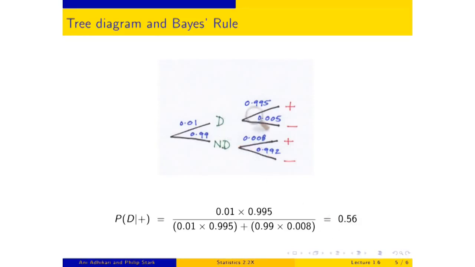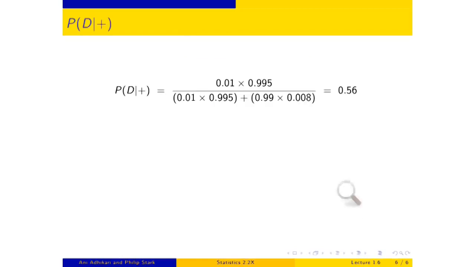This test is okay. I mean, its error rates are relatively small. I mean, they're there. The test could be better, but it's not dreadful. And yet, look what has happened. The person has tested plus, and we're saying the chance that they have a disease is around a half? This is like tossing a coin.